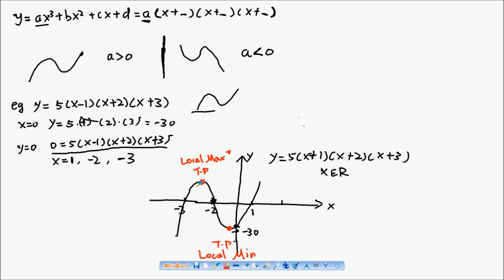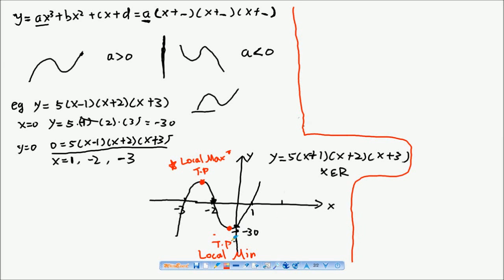But because we have a curve shape there, we have a turning point, and we call it the local minimum turning point. Okay. This is what you have to know. Local maximum, local minimum turning point. Okay, and overall, I'll do a summary.